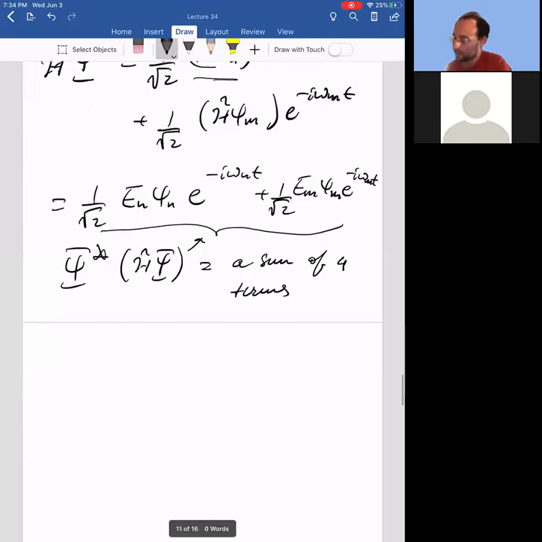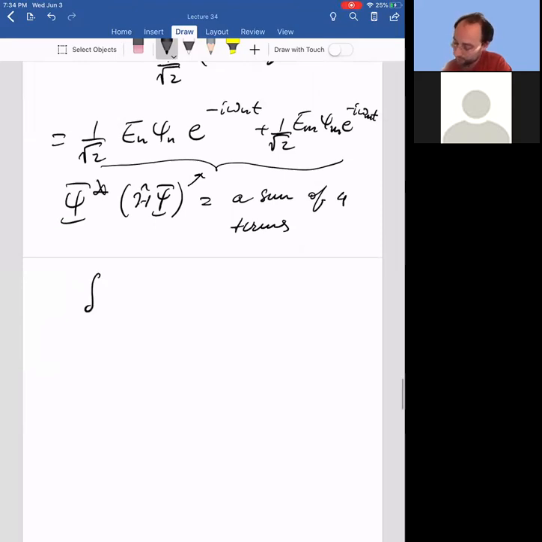And then you use this property. Since these are modes of a particle in the box, you're going to get sine squared in the nth state, sine n pi x over L squared. And then you're going to get sine squared of the mth state from the mth state.